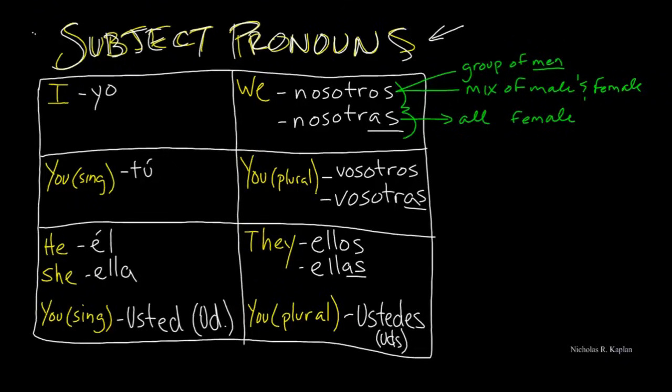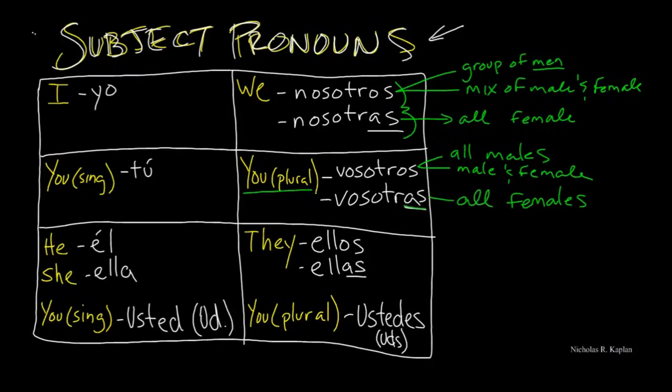Okay, well, this is going to work the same way with vosotros. You're talking to you, plural, so you're talking to a group of people and you want to identify them as, hey, y'all. Well, if you had all males, you would use that form. If you had all females, this form. And what if you had male and female? We will say vosotros.